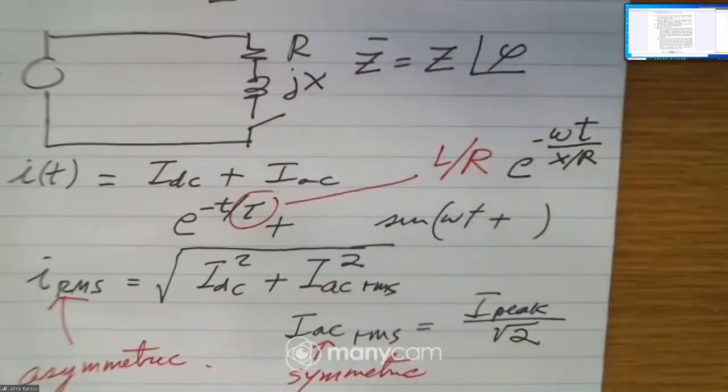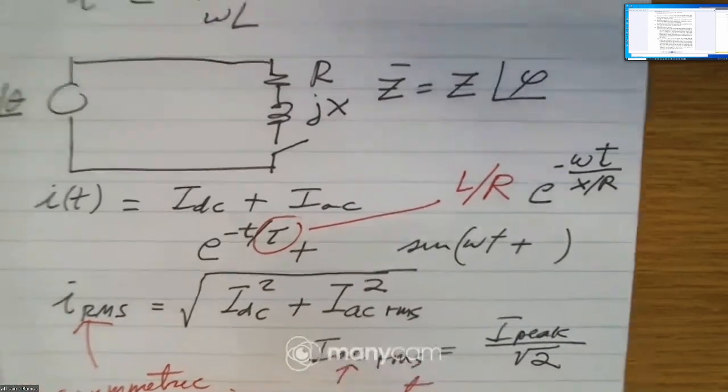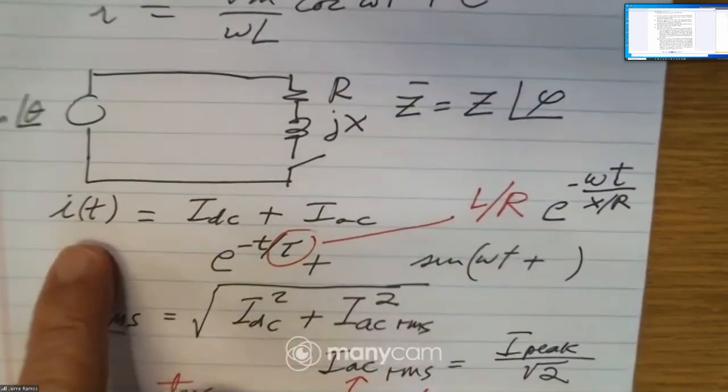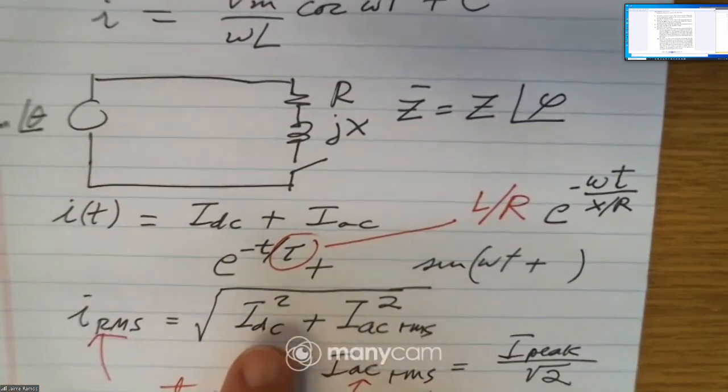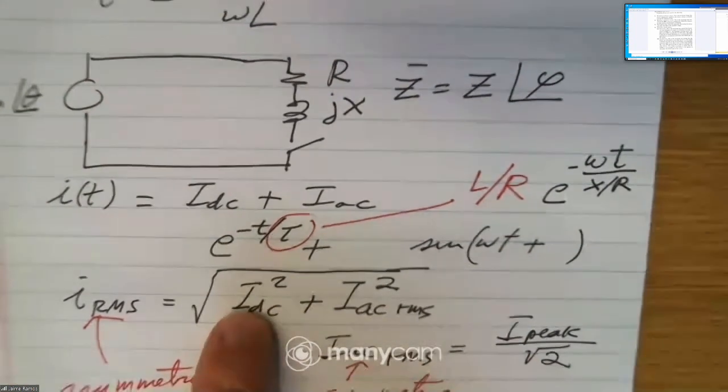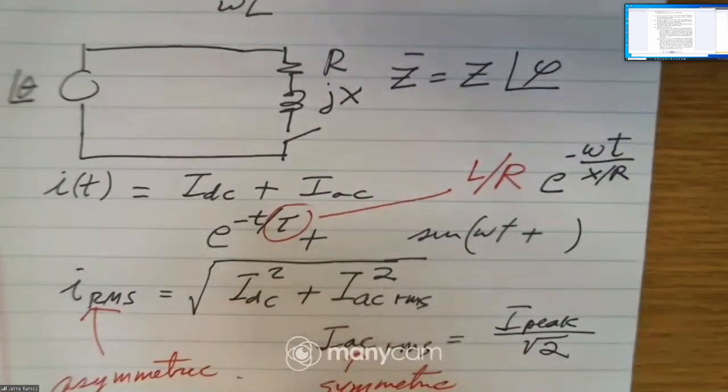And then next, the interrupting rating. So that peak current that we look at in the diagram, that's the number 3, the maximum current that the device can safely interrupt.